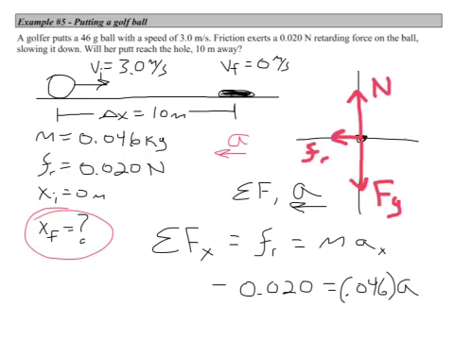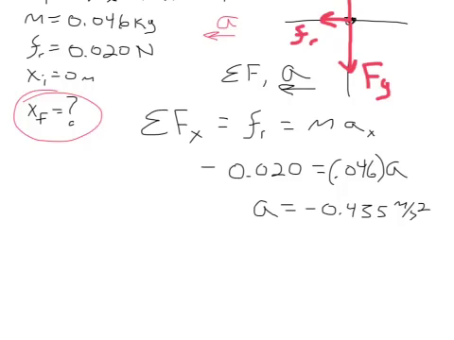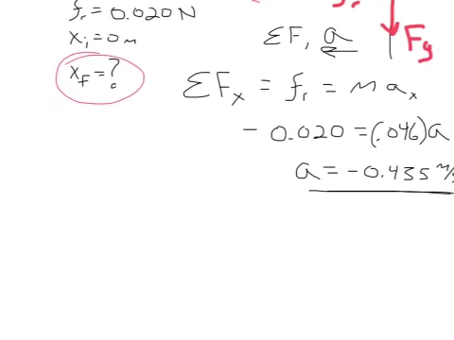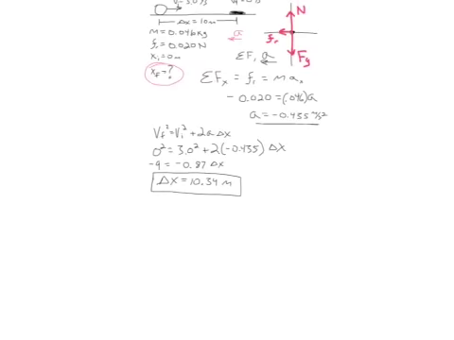We always have to make sure that we do that for these problems to work. Okay, so we see then that we have an acceleration of negative 0.435 meters per second squared, and now we can take that acceleration and put it into a kinematics equation to then solve for our displacement. And we end up with this displacement of 10.34 meters, showing us that yes, she will make that putt. Okay.